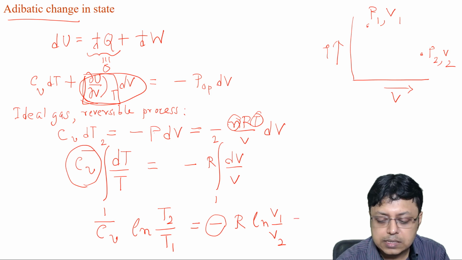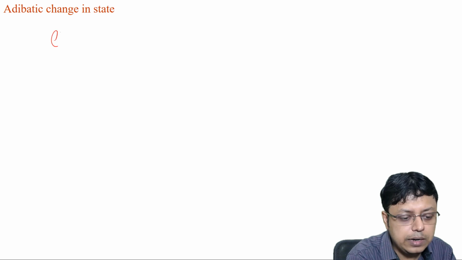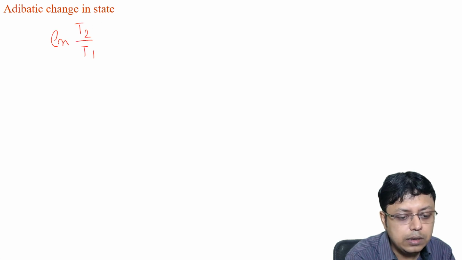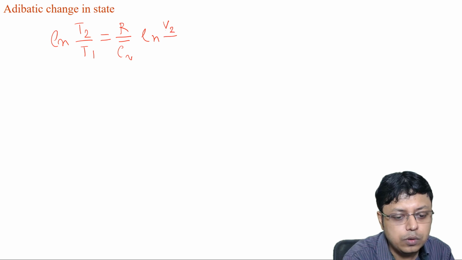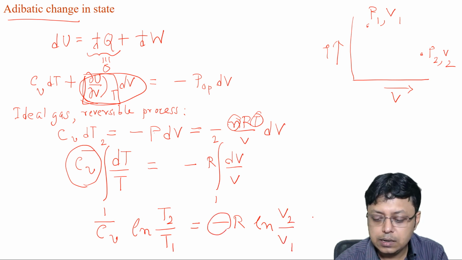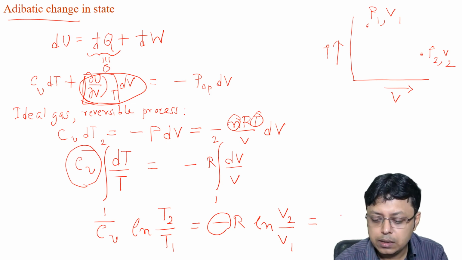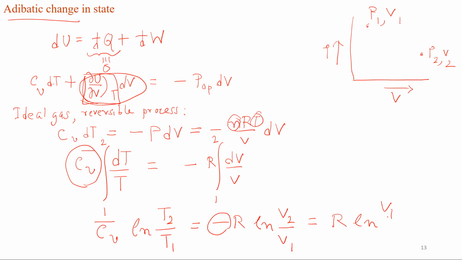Remember that minus ln A by B is nothing but ln B by A. So this relation becomes R ln V1 by V2.